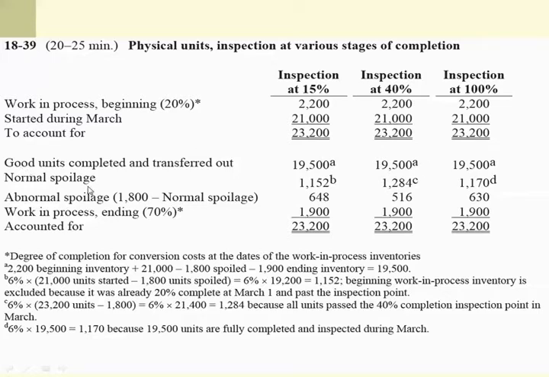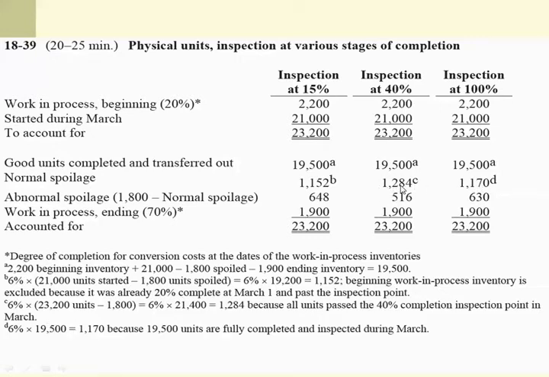Normal spoilage is calculated as 6% from 23,200 units minus 1,800 units equals 6% multiplied by 21,400, equals 1,284, because all units passed the 40% completion inspection point in March.